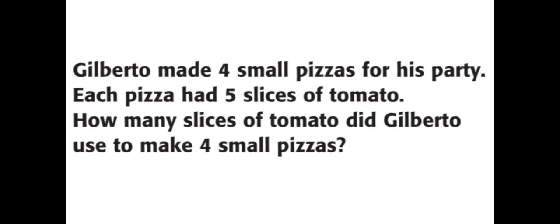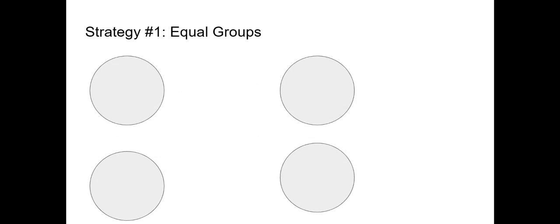So we're going to start off with 4 groups to represent the 4 pizzas, and in each group we're going to put 5 in. So that's what we're doing here.